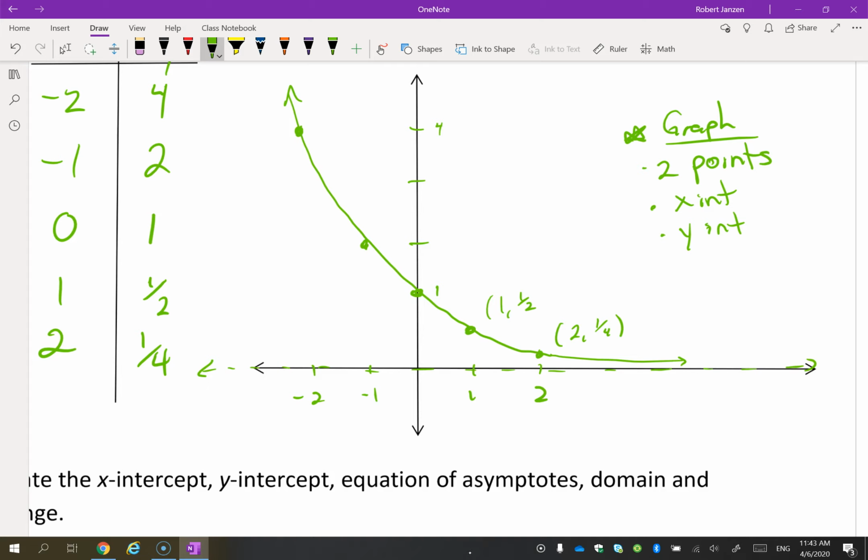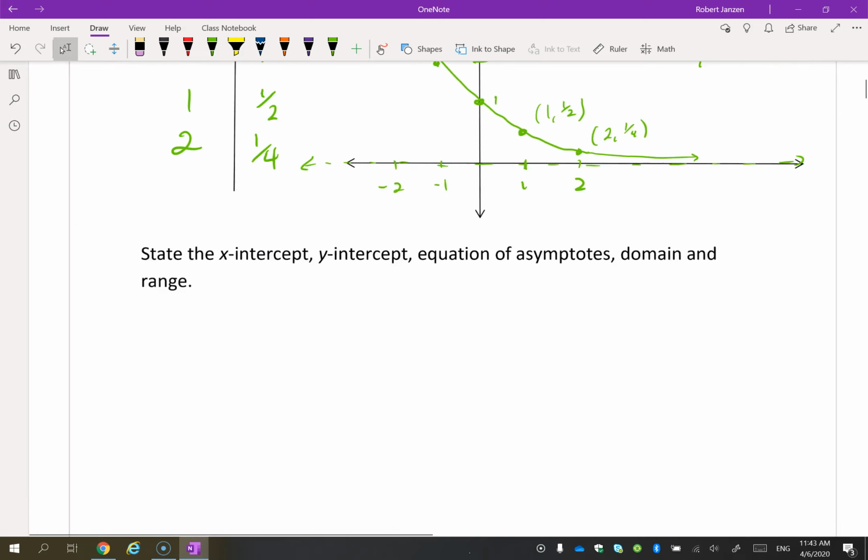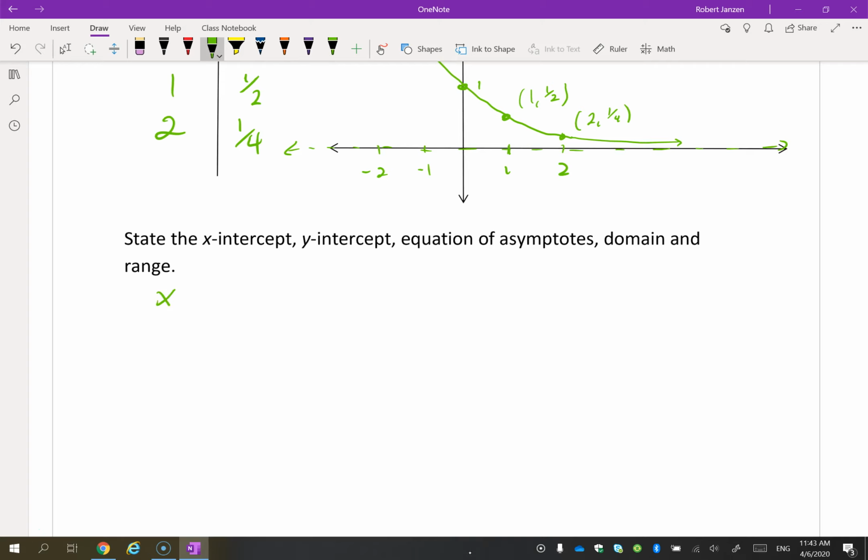If there is no x-intercept or y-intercept, then you need to find another point. So normally when I'm graphing this, I'm going to take the y-intercept, and then I would pick one other point. Usually I'm going to pick the point where x is 1. I'll show you as we do more of these.